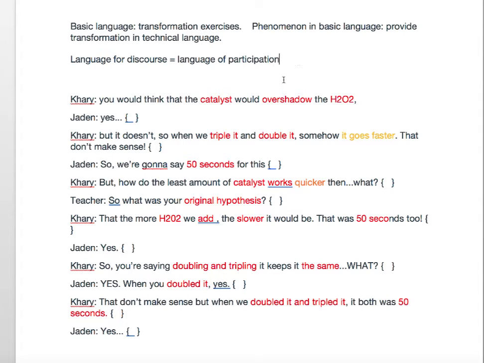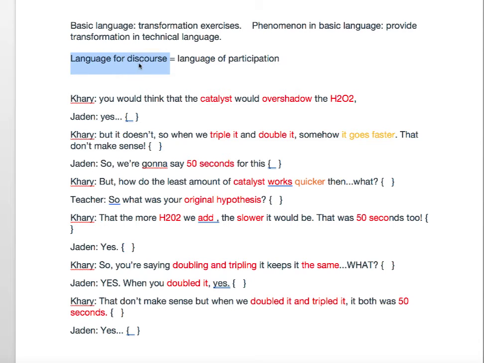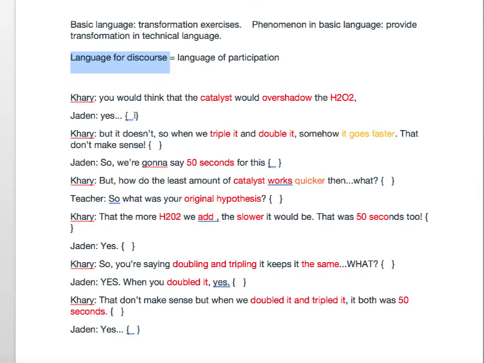All right. So in order for us to think about language for the discourse, it's really helpful for us to pair up the function. All right. So my goal is I want to help learners learn some sentence stems for talk. But they need to attach those sentence stems to some kind of discourse purpose.